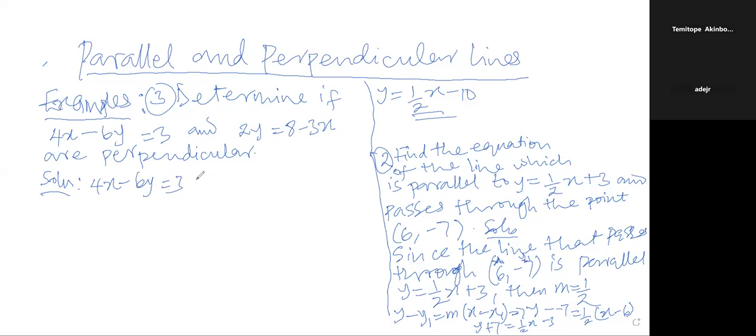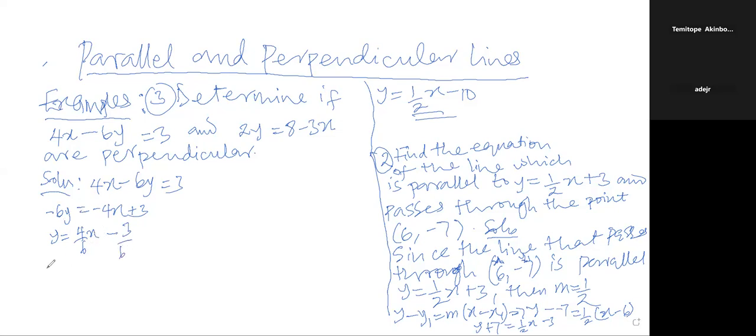I will make y the subject there in order to find the gradient. So minus 6y equals minus 4x plus 3. Divide through by minus 6, so you have y equals 4 over 6x minus 3 over 6.